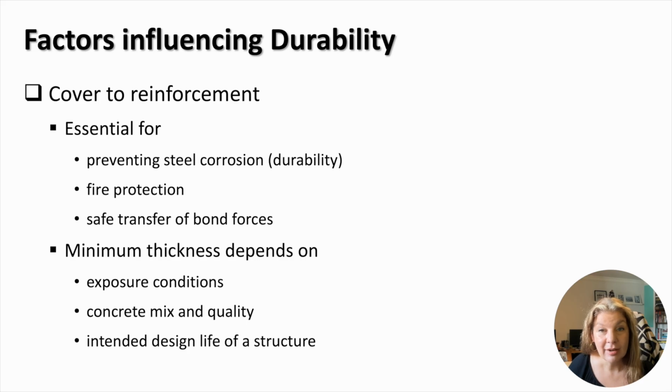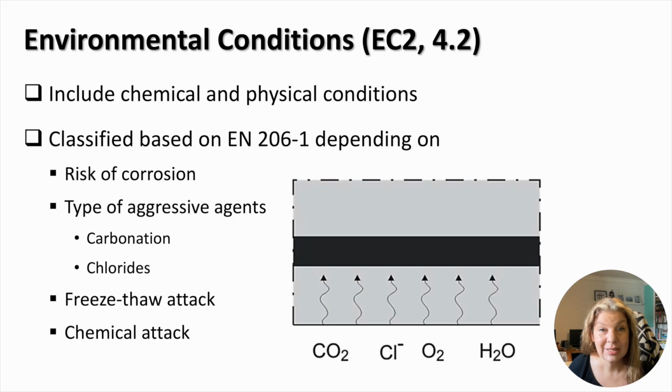The thickness of the cover depends on exposure conditions, concrete mix and quality, as well as on the intended design life of a structure. Eurocode 2 distinguishes chemical and physical environmental conditions, which are classified based on EN 206-1. The classification depends on the following factors: risk of corrosion, type of aggressive agents, which can be CO2 or chlorides, freeze-thaw attack, and chemical attack.